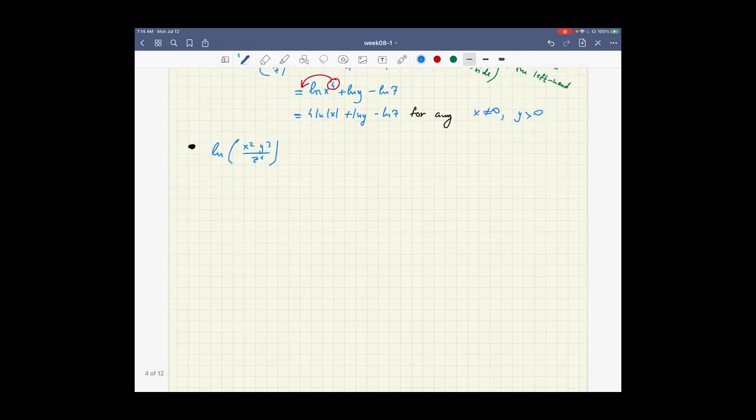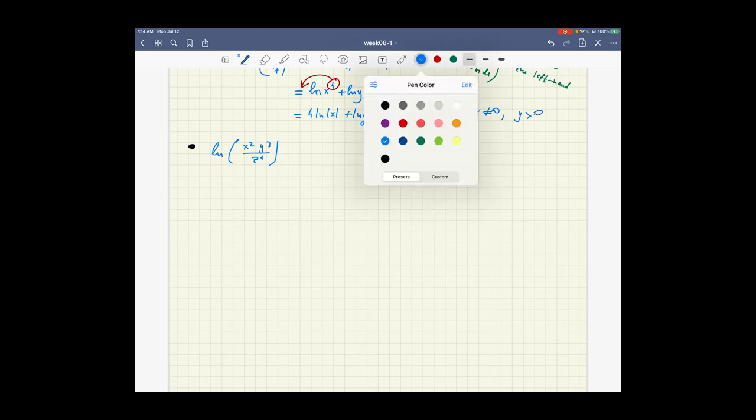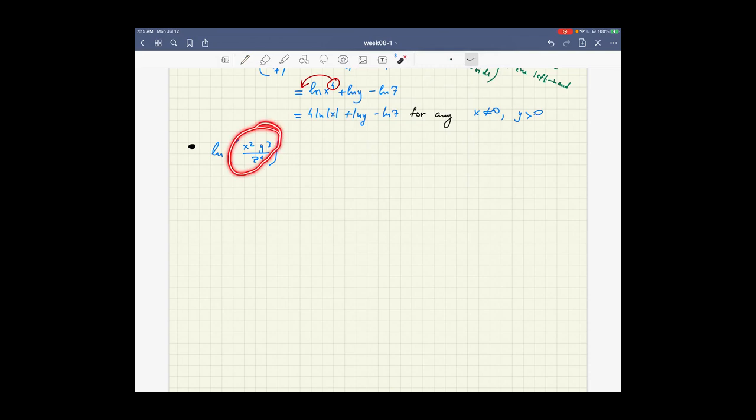And again, it's easier if you first ask that question: when does this expression make sense? This expression makes sense, the logarithm makes sense, if and only if the argument is strictly positive.